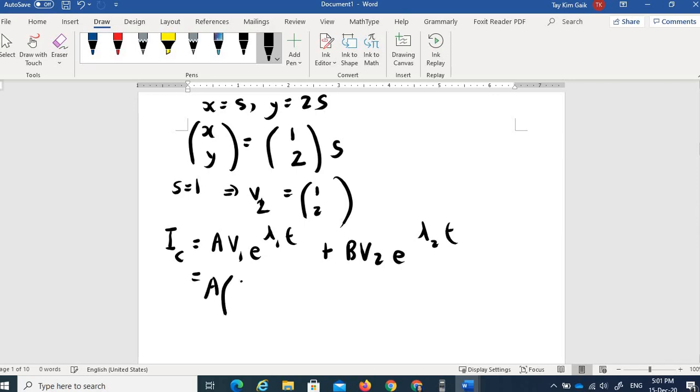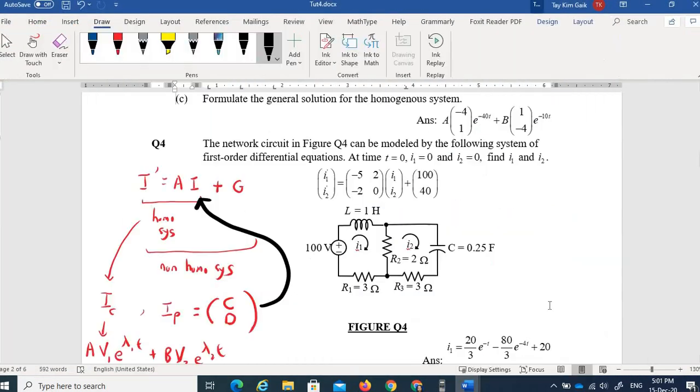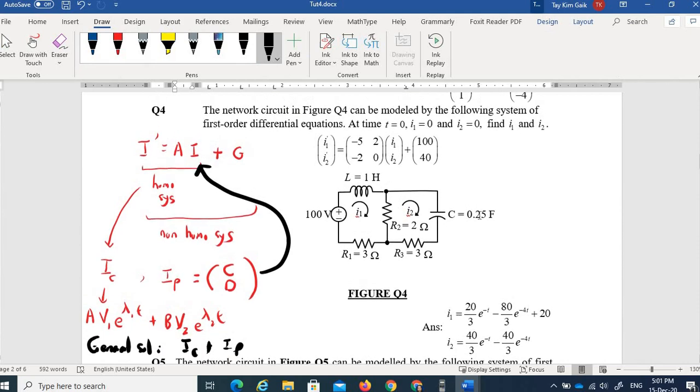This is the case where you have real and different eigenvalues, not repeated eigenvalues. So v1 just now is (2, 1) exponent negative 4t plus B v2, which is (1, 2) exponent negative t. Now this is a particular solution already. Lambda 1 is negative 1, lambda 2 is negative 4, it doesn't matter, you can change the positions. You obtain the IC already.